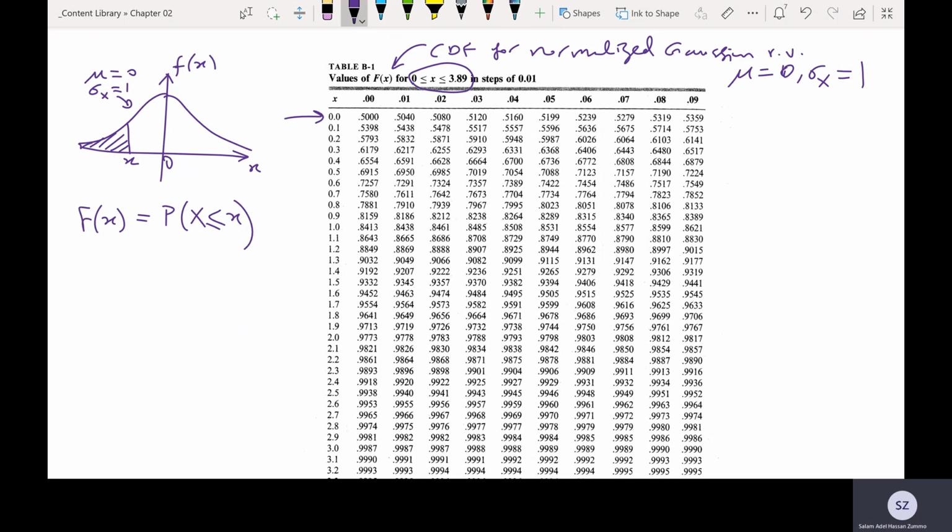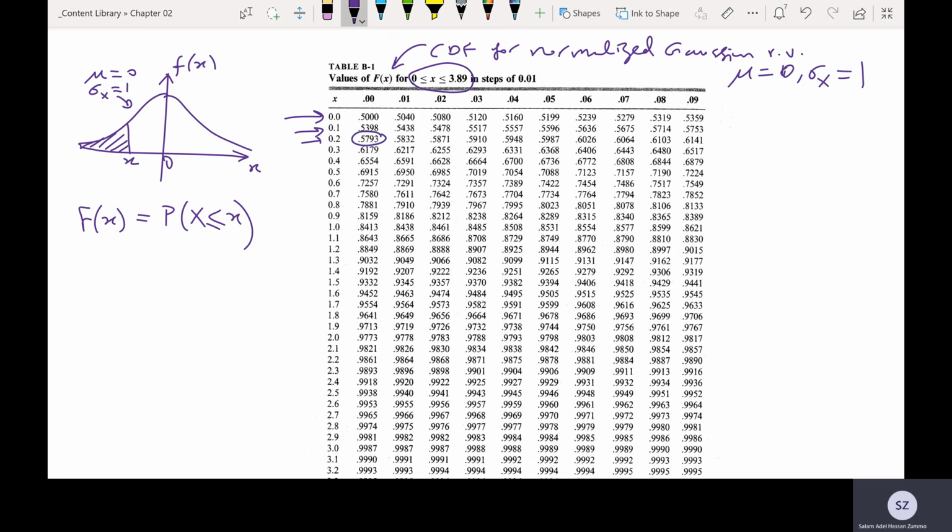Now, for x equals 0, what is this area equal to? Half, right? Because it will be half of the curve. For x equal 0.1, it happens to be 0.5398. For x equals 0.2, this is the number, and so on.